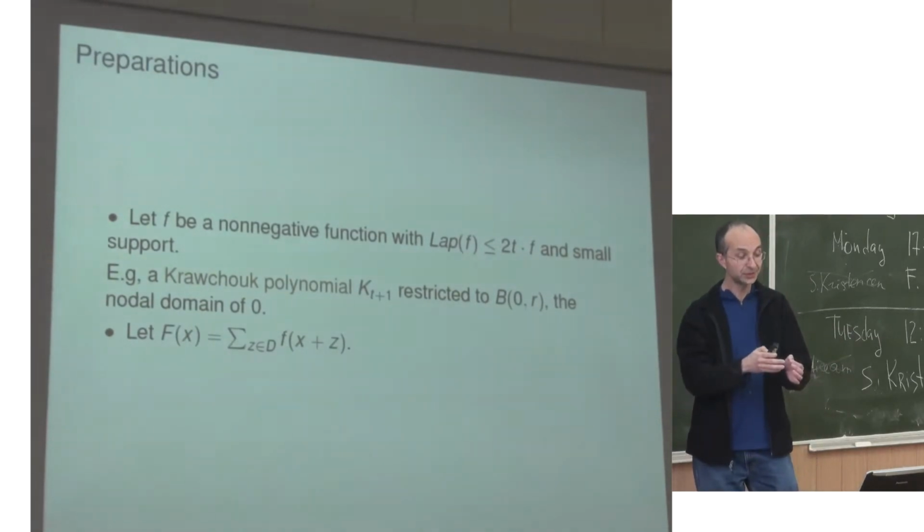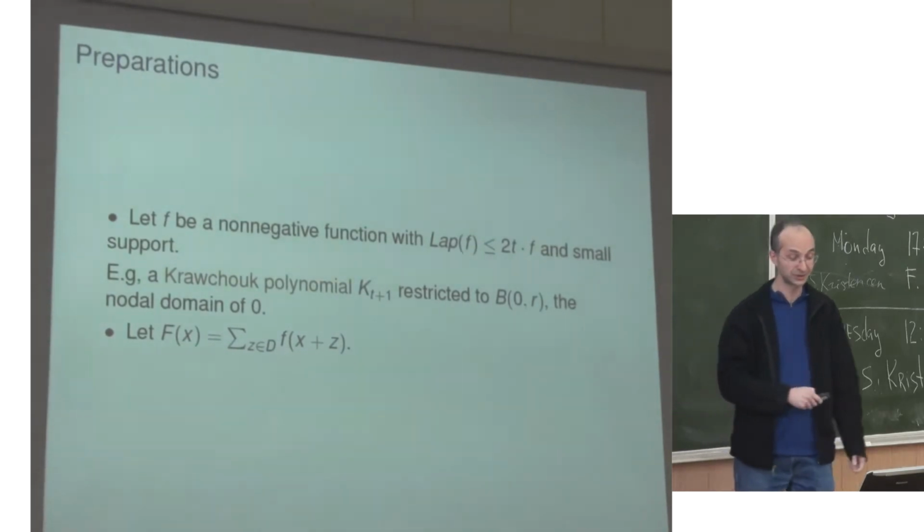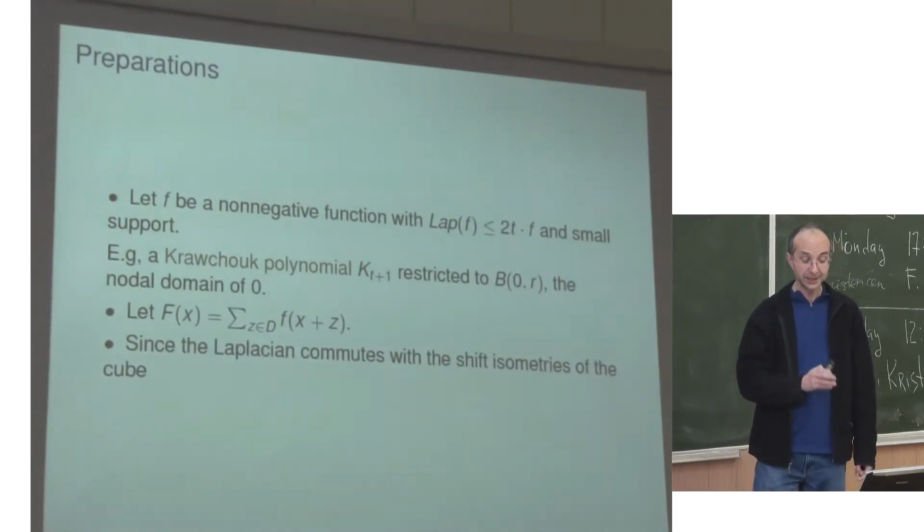And then we shift it by all the points of the design. Any point of the design gives a shift, an isometry of the cube, moving this function, and we sum all of these shifts. Here is a crucial point: the Laplacian, in all the spaces we want to deal with, commutes with isometries.